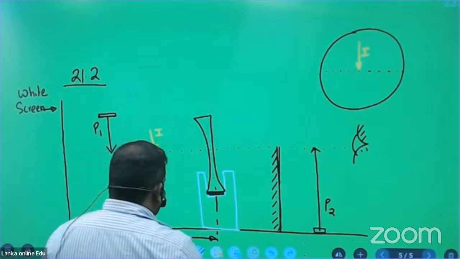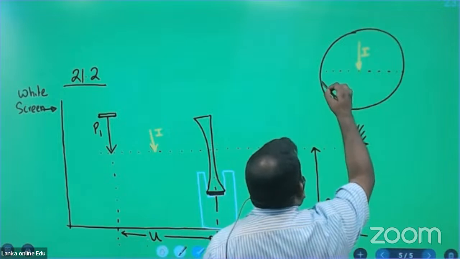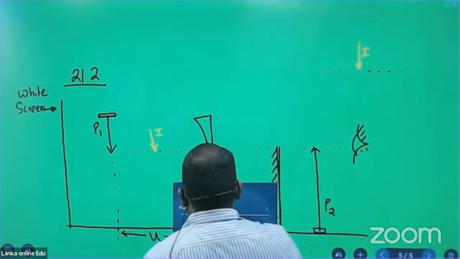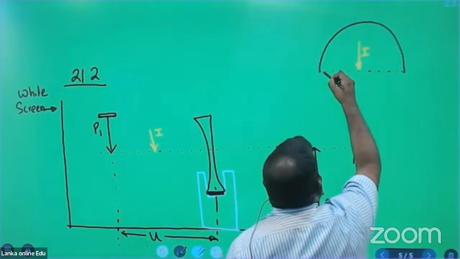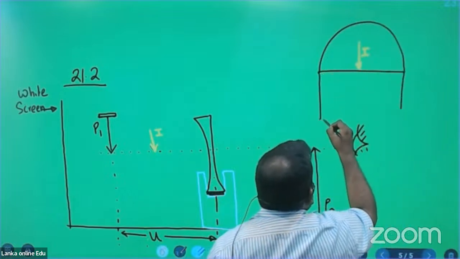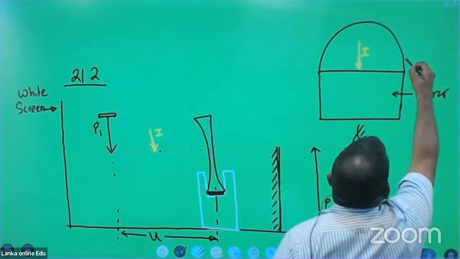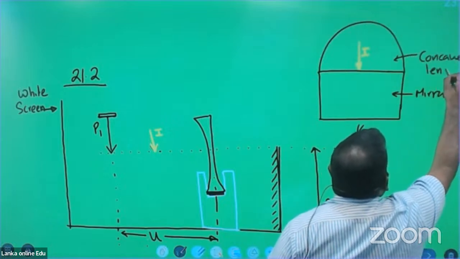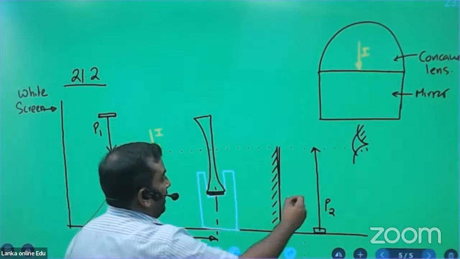Now if you look through this, this part you have the lens, this part you can see the plane mirror. Here mirror, here concave lens. Now from the mirror, what will I see?